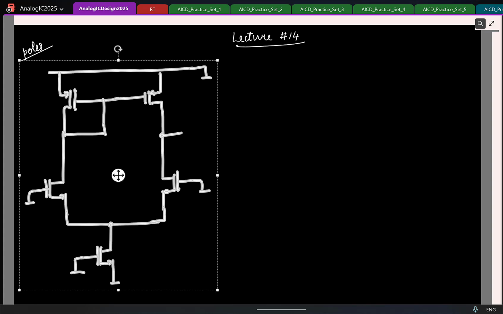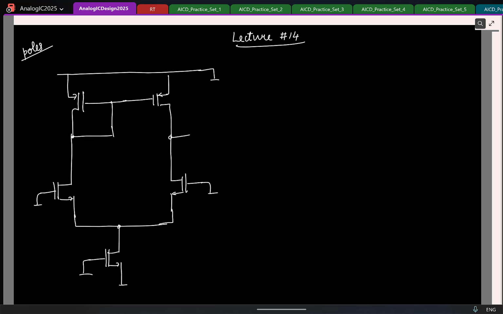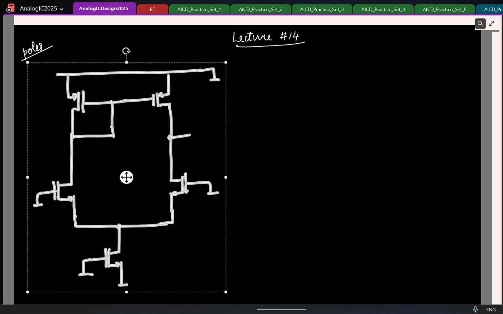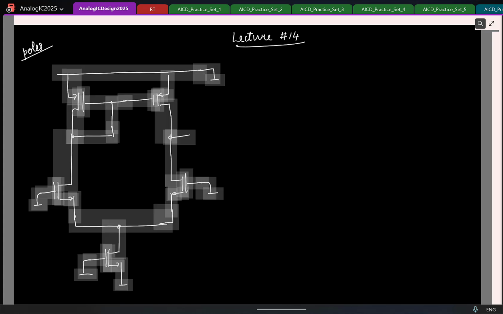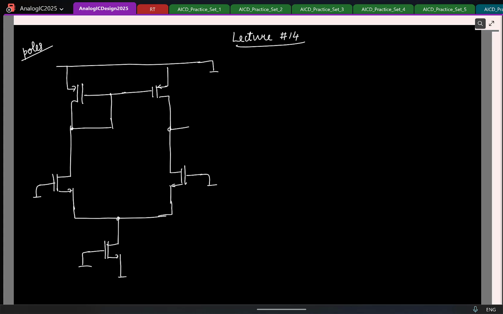So first let's mark all the capacitors in the circuit. So in this circuit, besides the ground or the reference node, how many nodes are there in the circuit? 3, right? So I have node 1, 2 and 3, right? So let's just lump all the capacitors at those nodes. So let us say at the output here the OTA is driving a load capacitor.